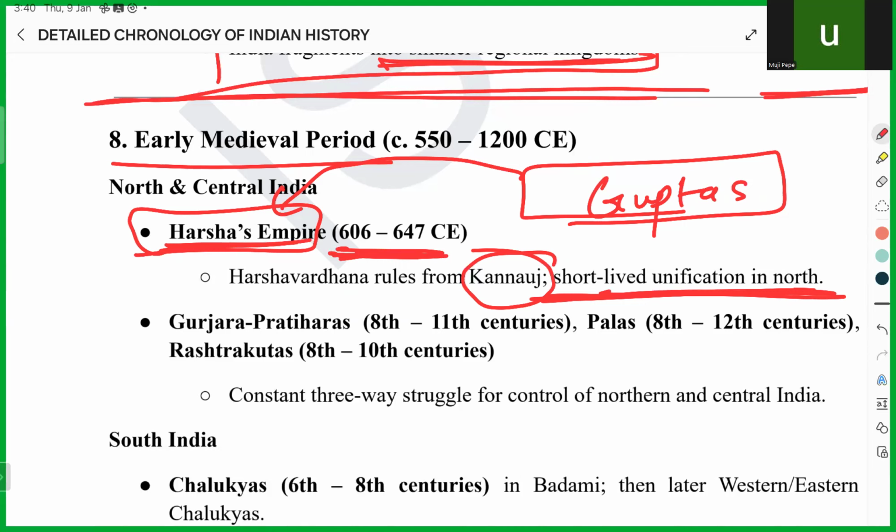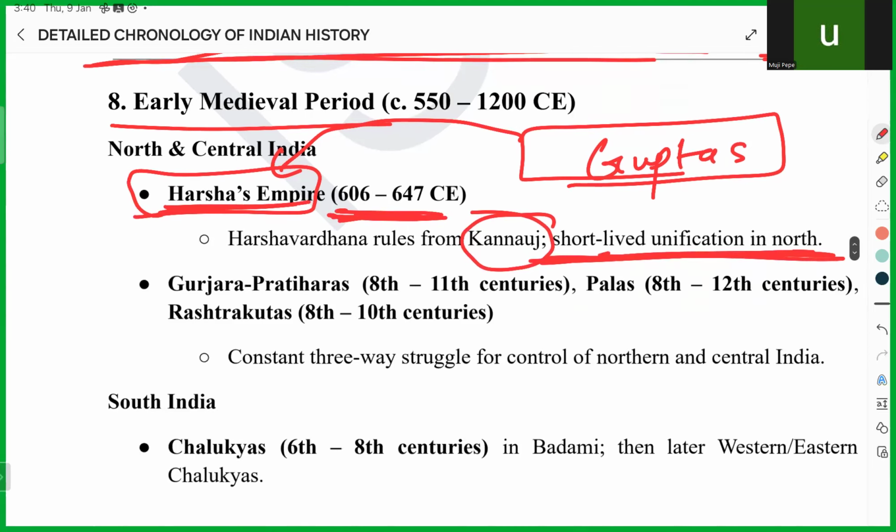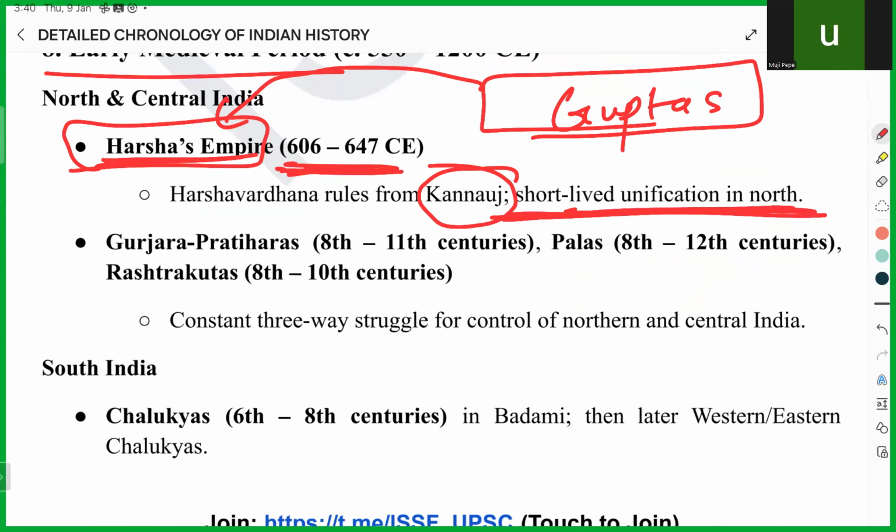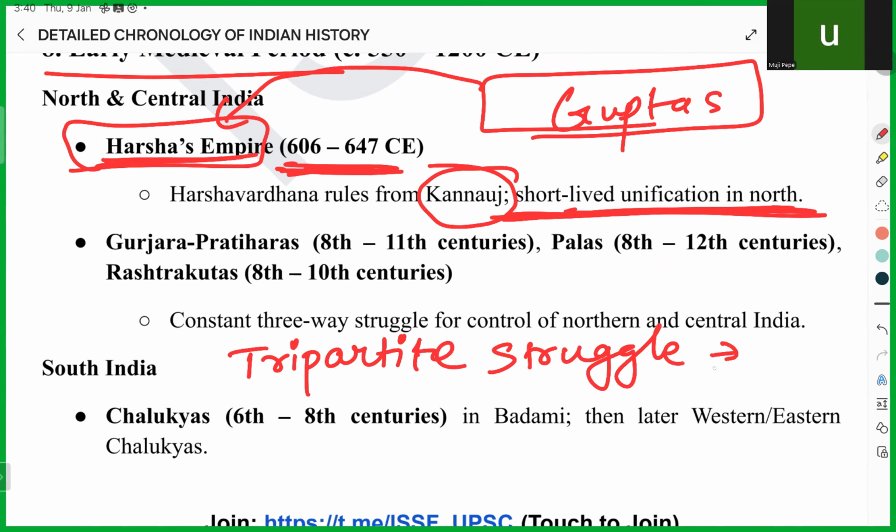Okay. Then came other smaller kingdoms. I'll not say small kingdoms, but in comparison to the Gupta Empire, they were smaller. So there was something known as the tripartite struggle. After the demise of Harsha's empire, there was a three-way struggle for the city of Kannauj.